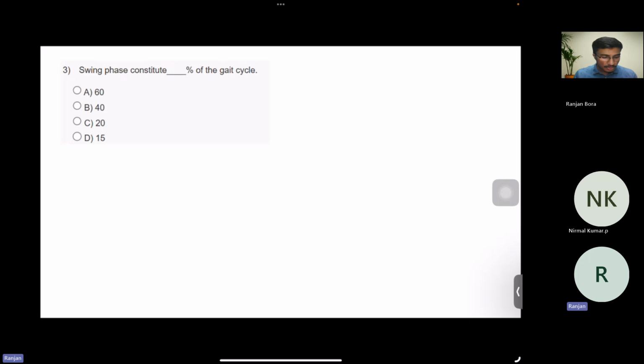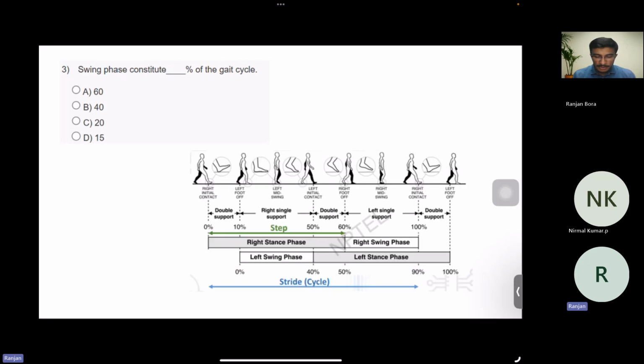Next question is swing phase constitutes what percentage of the gait cycle? So it is 40%.